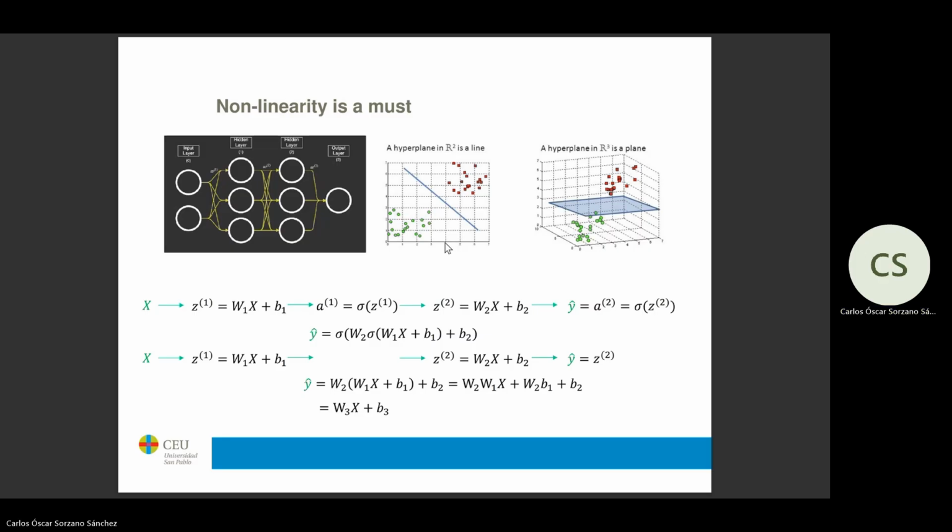We start from the beginning. This is our input, then we go through the first weight combination, then the non-linear function, and then this is the input for the next one, which multiplies by the second layer of weights plus the bias, and the output.